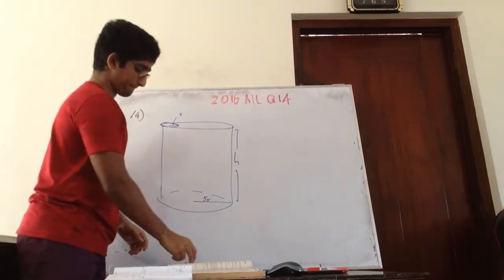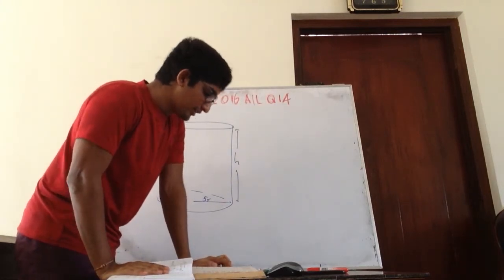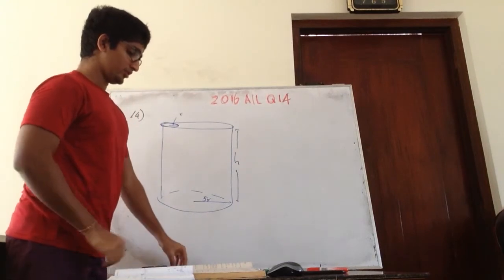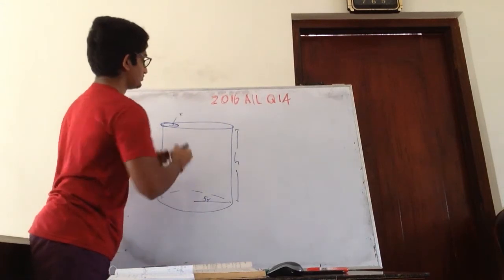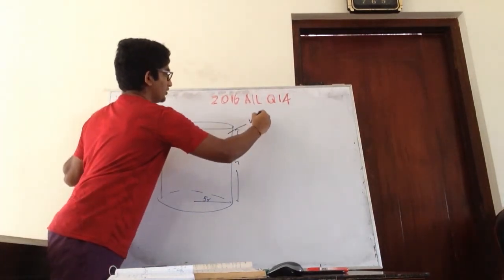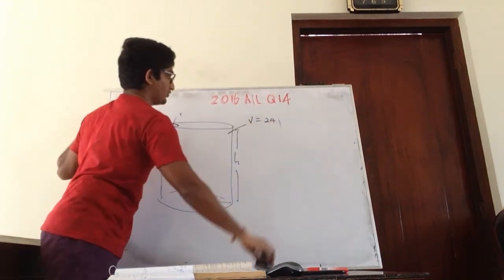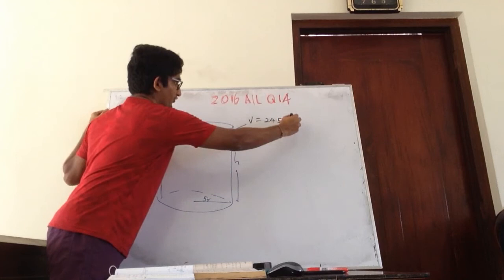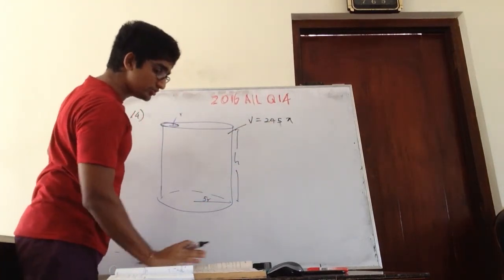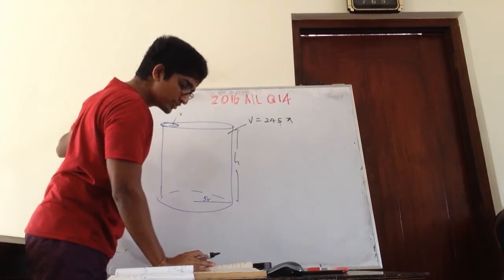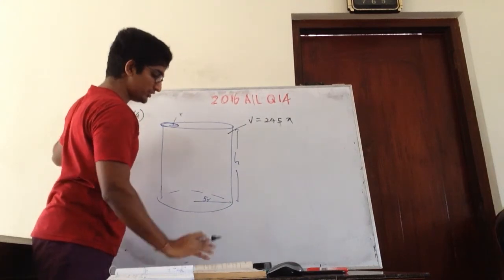Okay, then they are saying the volume of the container is 245π. So the volume is 245π. Now they are asking to show that the surface area of the container with the lid containing the hole is the given equation.